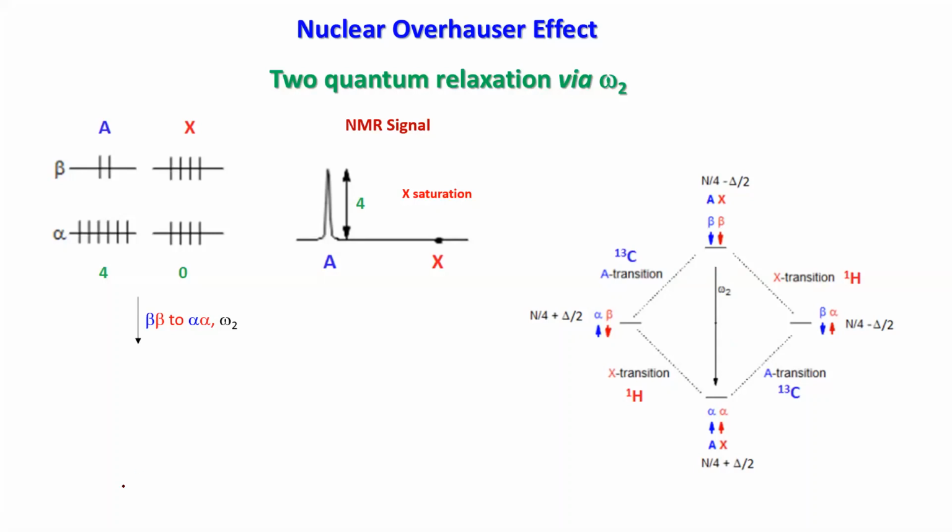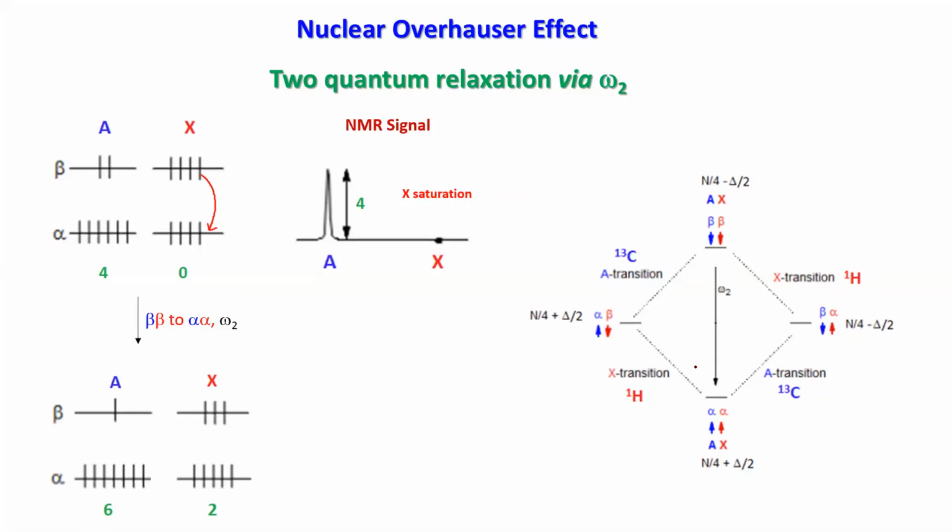Now we have to do it in that way in this distribution. This is the beta for X, so I have to change one from here to here. This is the relaxation for beta to alpha in the case of X nuclei.